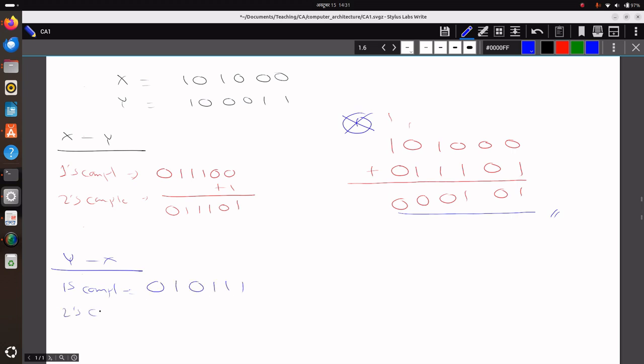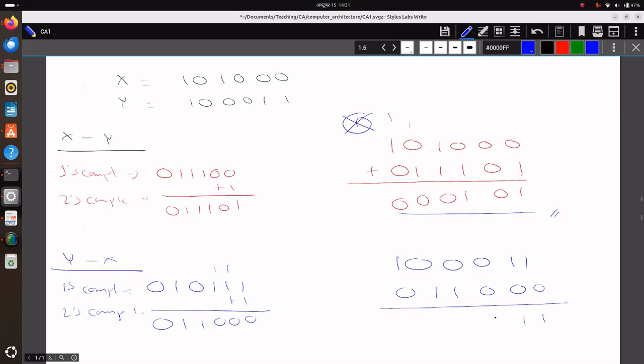The 2's complement of x is going to be that plus 1, which means 1 plus 1 is 0, carry 1, 1 plus 1 is 0, carry 1, 1 plus 1 is 0, carry 1, giving 1 1 1 0 0 1... Now we do y plus the 2's complement of x, so 1 0 0 0 1 1 plus 0 1 1 0 0 1 0.